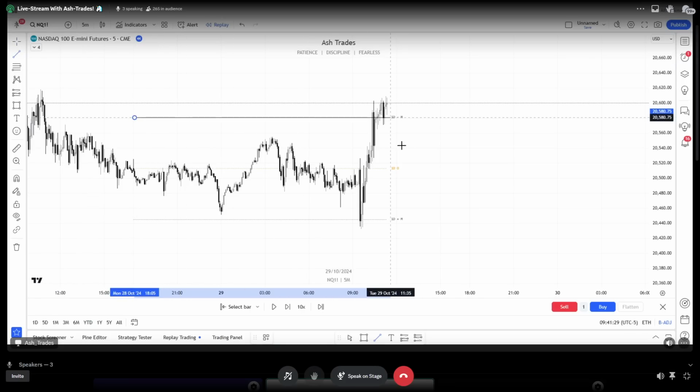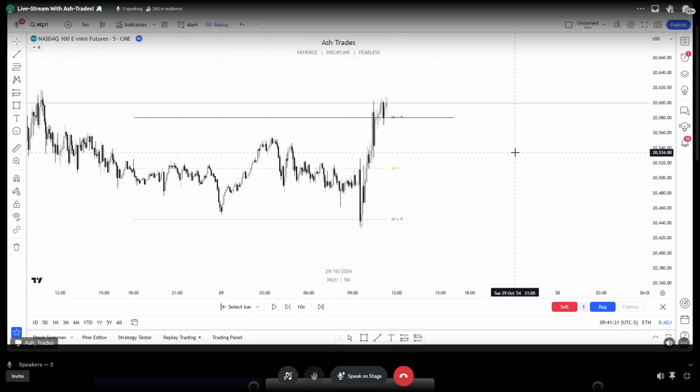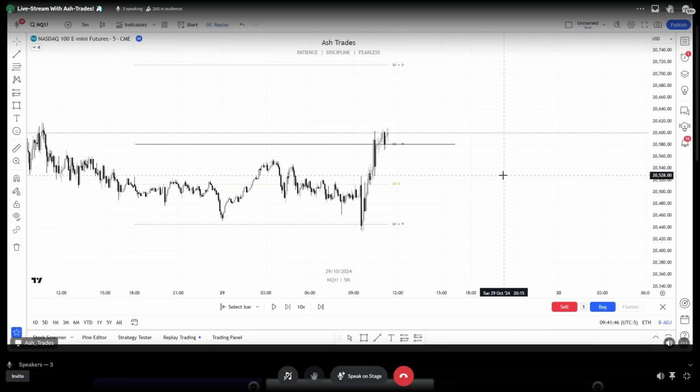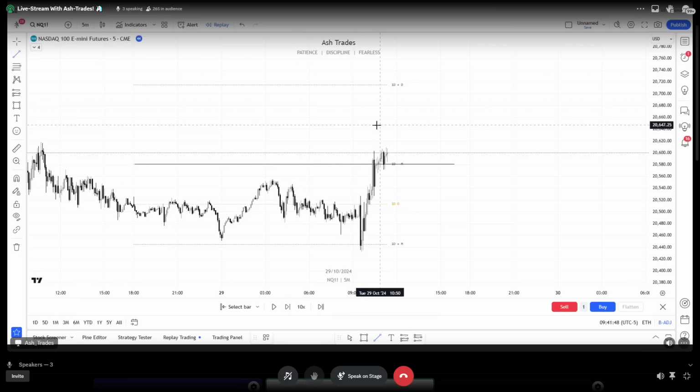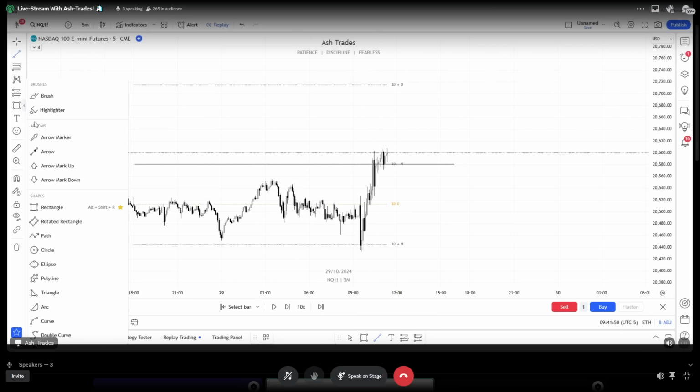When resistance gets flipped, it becomes support. All you ICT lovers, don't yell at me. But notice how the range is now providing support to price. Acceptance above the range sounds like distribution is about to happen.